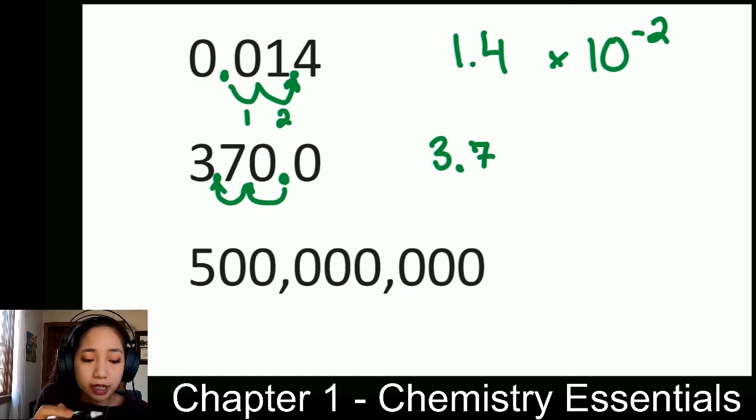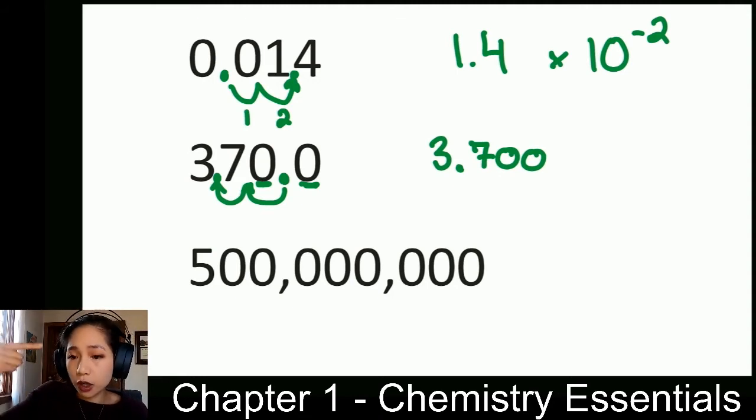So we need to think about significant figures. So 3 and 7, those are significant digits because they're non-zero. But because there's also a decimal place within this value, both of these zeros, these trailing zeros, are also significant. So to rewrite this correctly into scientific notation, we need to include those zeros because they follow our significant figure rules in the previous slide. All right, so there's our coefficient, 3.700.